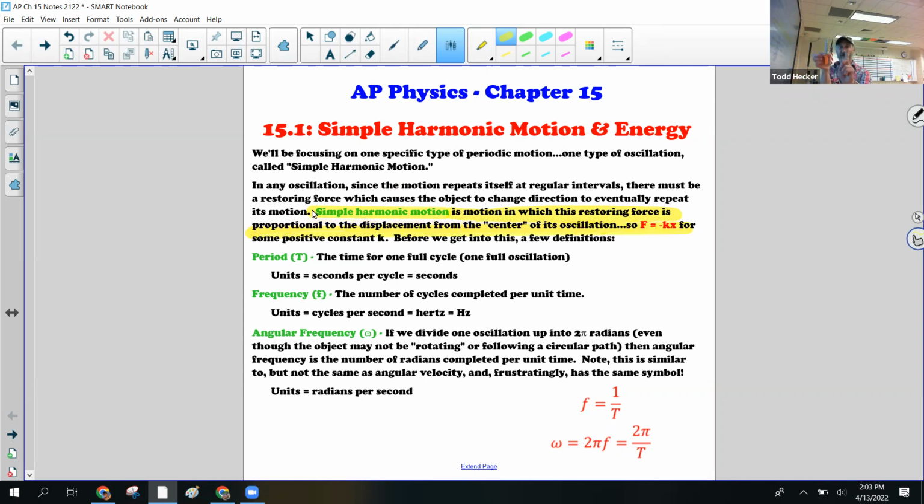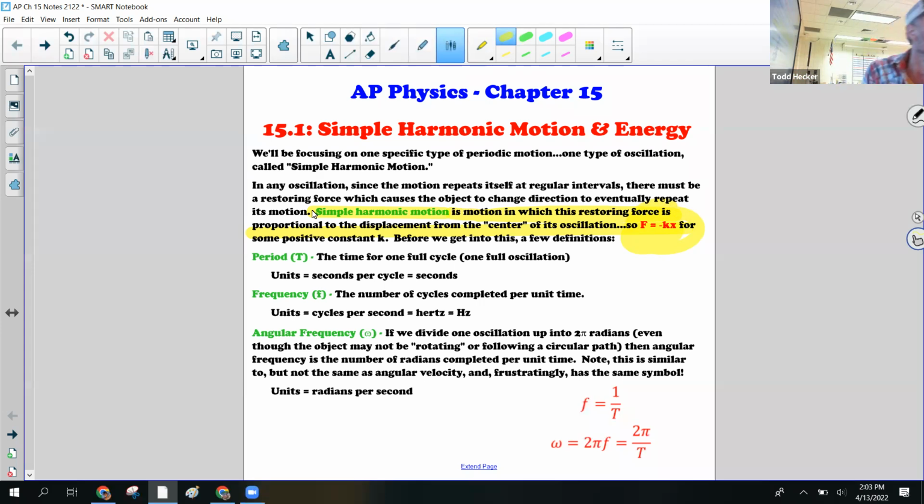So if this is the center of oscillation and my object's going back and forth, in order to be simple harmonic motion, the force pulling it back towards that origin has to be proportional to the distance away from the origin. In English, F equals negative kx, just like we learned for a spring. We did these spring problems, where the amount that you squish or stretch your spring determines how much force it exerts, returning it back to that unstretched position.